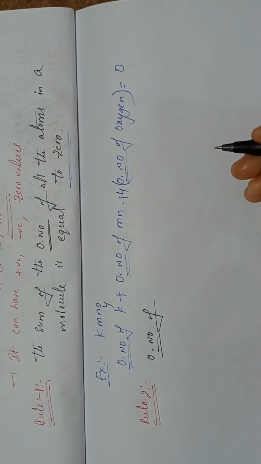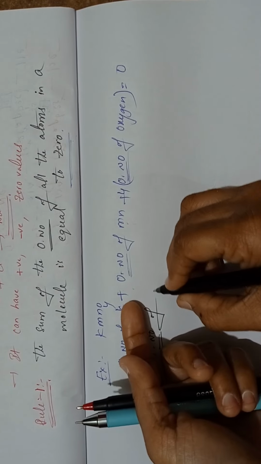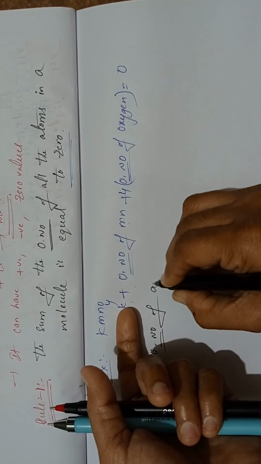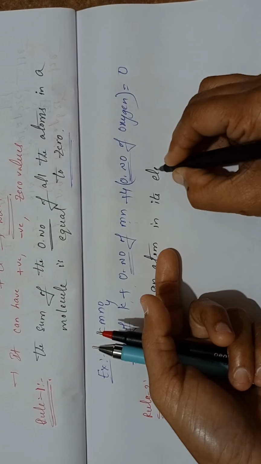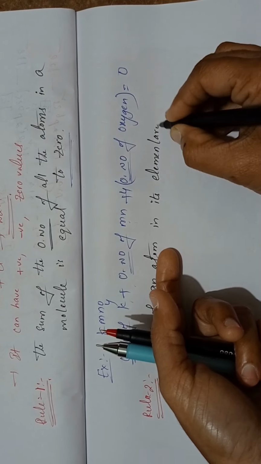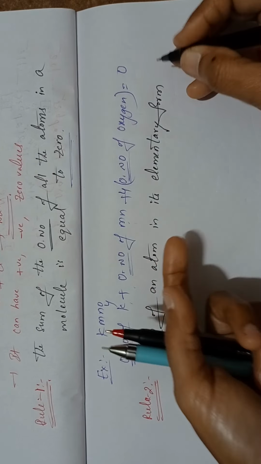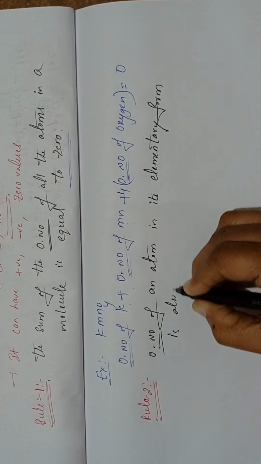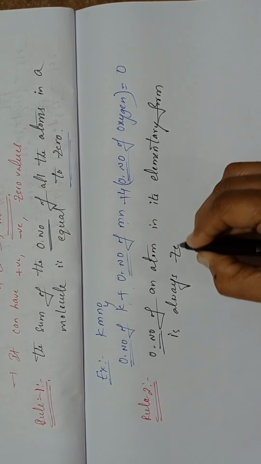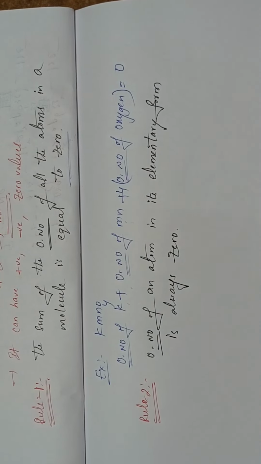The oxidation number of an atom in its elementary form is always 0.